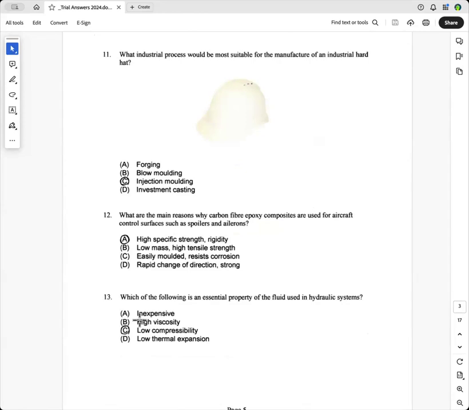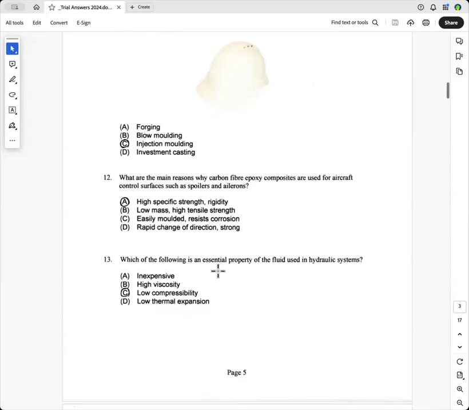Carbon fiber epoxy composites have high specific strength, but in these applications they have to be very rigid because they don't want to give false readings by twisting. So rigidity you're looking for, and it's also got high specific strength. So A is correct there.